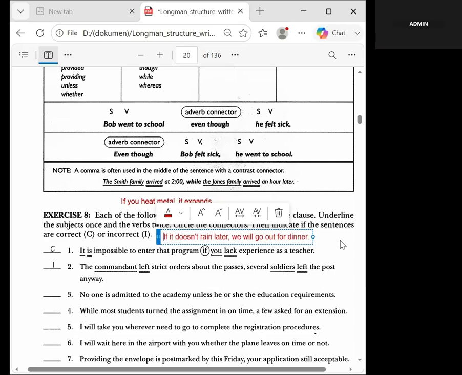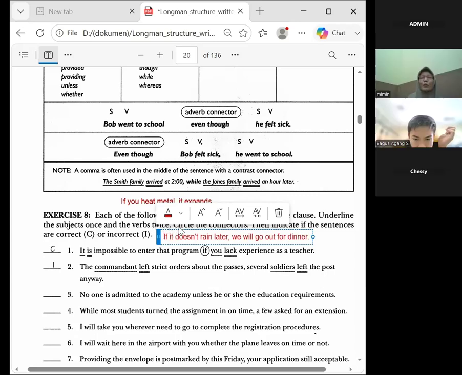This one is because what happens later depends on the condition later. If it rains, we will not go out. If it doesn't rain, we will go out.